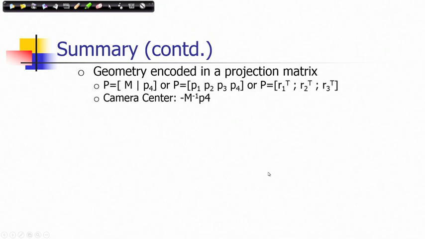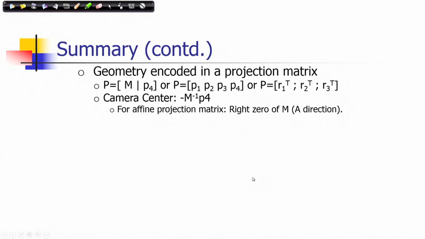And some of the important, interesting information about the geometry which is encoded can be retrieved from the values of the projection matrix itself. The camera center is given by minus M inverse P4 in its world coordinates. For an affine projection matrix, you have to take the right null vector of M, which is interpreted as a direction.